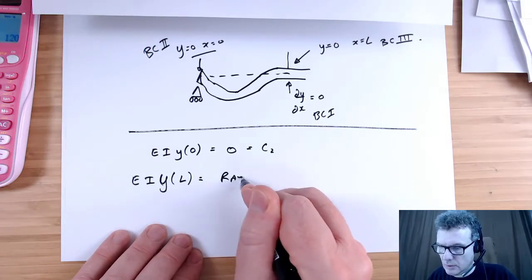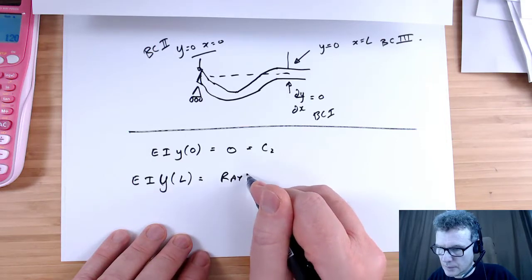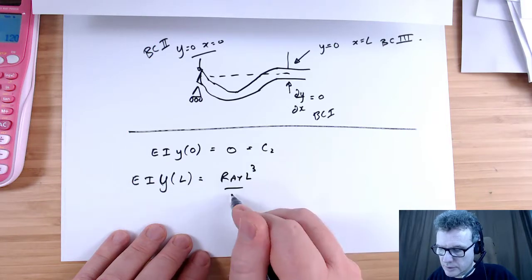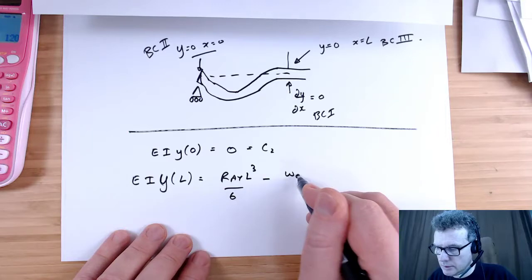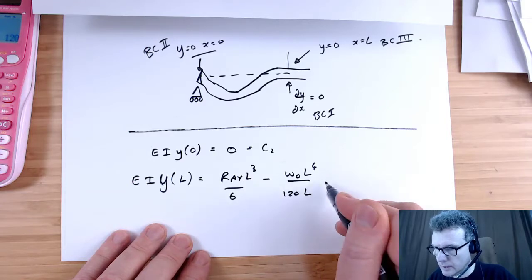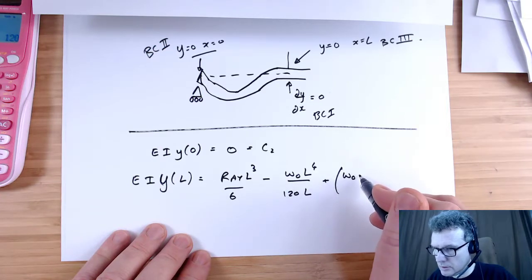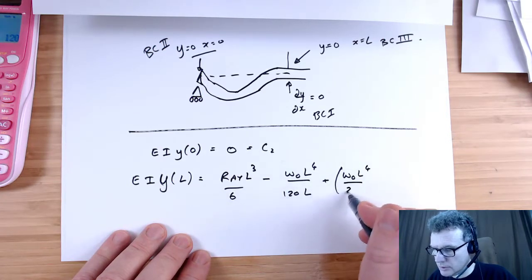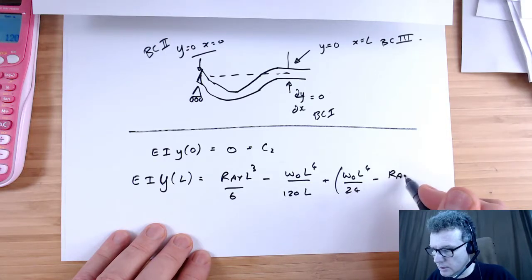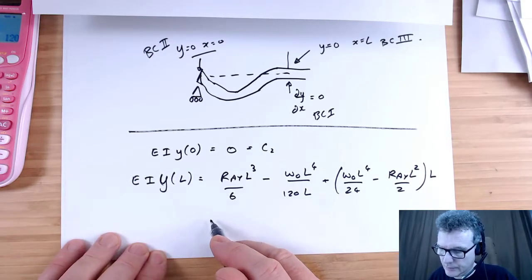That's RAY L to the power 3 over 6, take away little w L to the power 4 over 120 L, plus C1, which is little w L to the power 4 over 24, take away RAY L squared over 2 times by L. Let's tidy this up, and this equals 0.